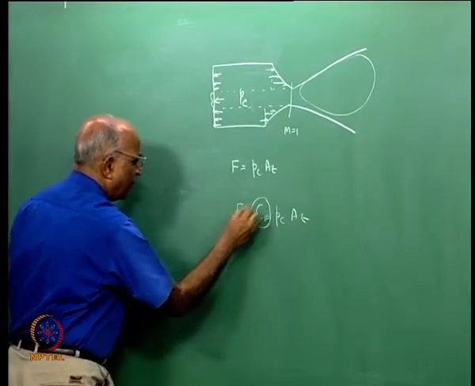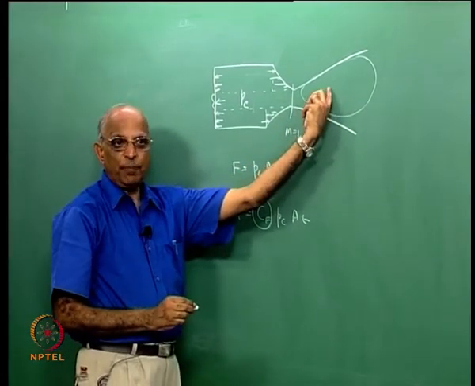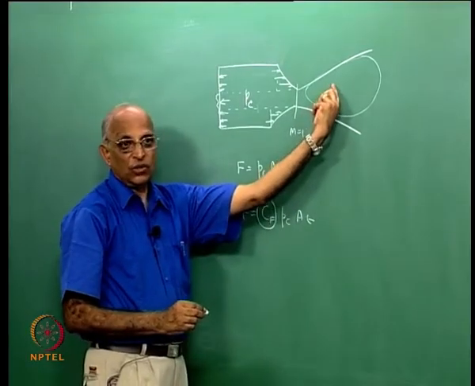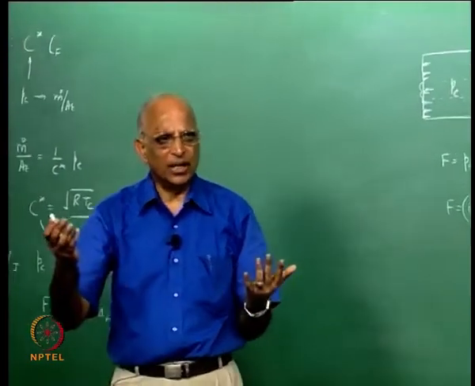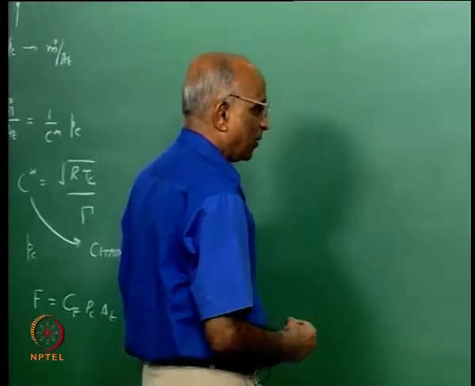Therefore, CF is something like thrust magnification due to the divergent part of the nozzle, and therefore CF is a quality factor for the nozzle. In fact, CF for most nozzles is between 1.2 and something like 3 or 4. We will work through some examples in the later part of this class.